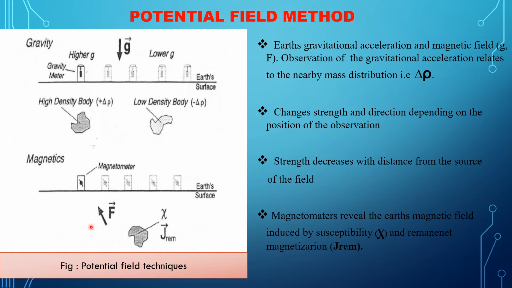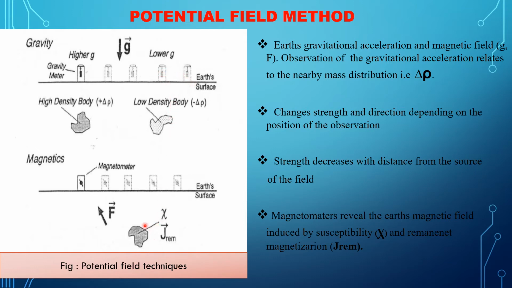For magnetics, it depends on the direction of the magnetic field, on the magnetic latitude. We employ the gravimeter that measures the gravity field of the earth, where there is a higher density body that relates to the subsurface mass distribution. Where there is a higher density body, the gravimeter shows a higher g acceleration, and with a low density body you have a lower g value.